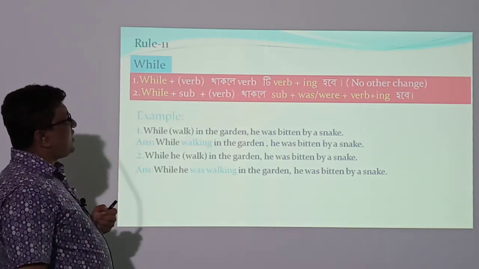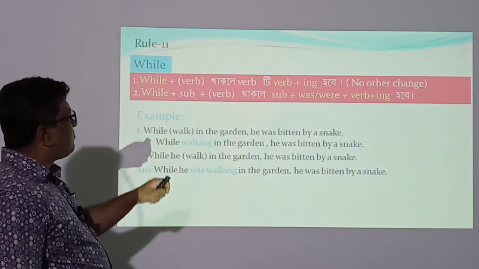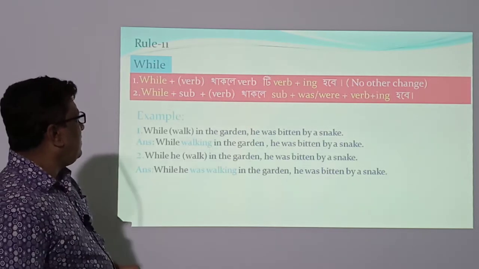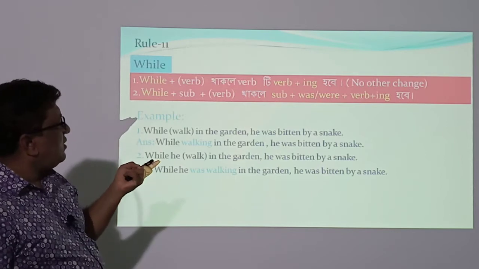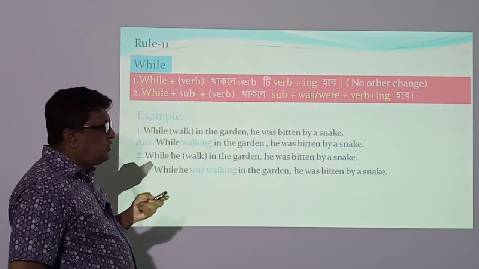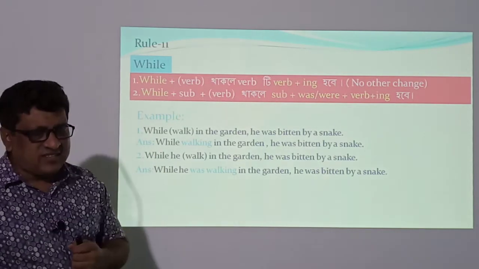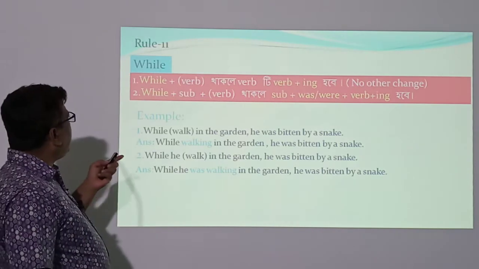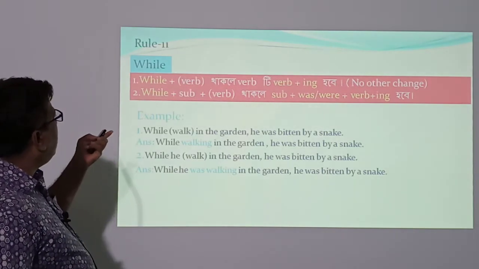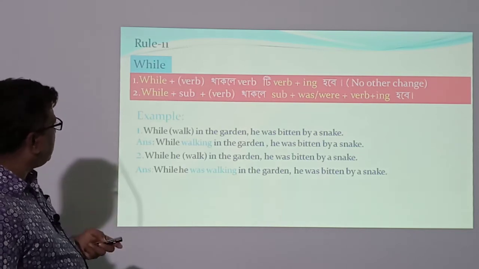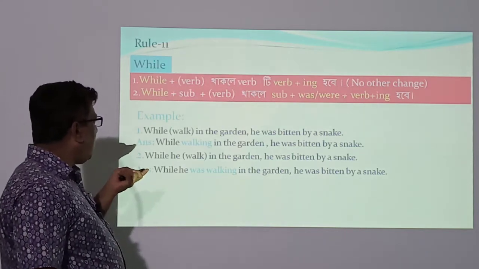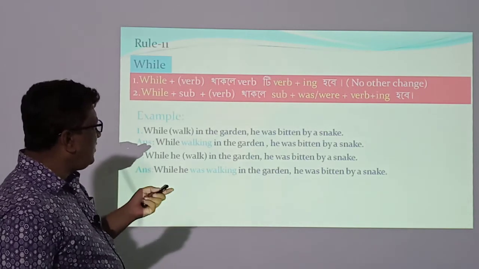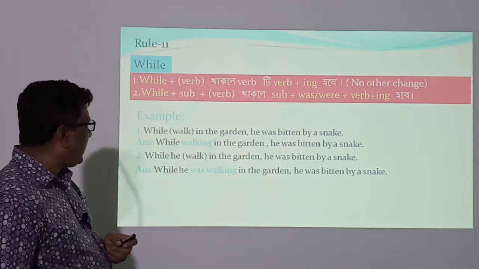But if we notice while plus subject plus verb, then there will be the use of the past continuous tense. We can illustrate the two things with the help of two examples. While walk in the garden, he was beaten by a snake.